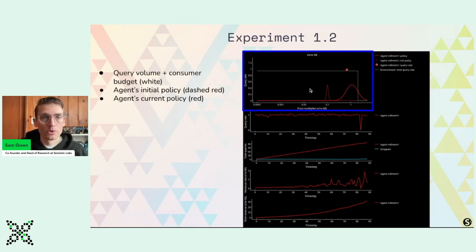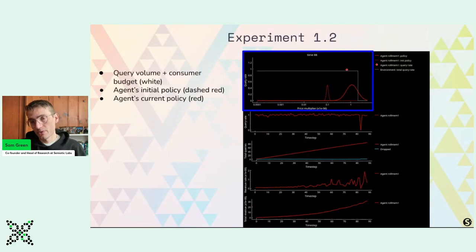At the top, we will show a plot that visualizes the query volume, which is represented by this line, and a budget, which is represented by this line. This line right here represents how much the consumer is willing to pay for their query. An important note is this amount is hidden from the indexers.